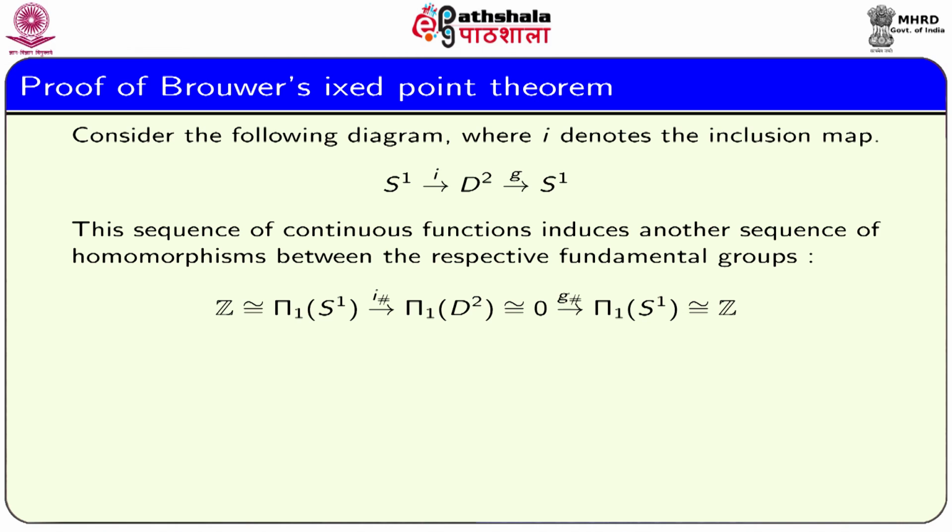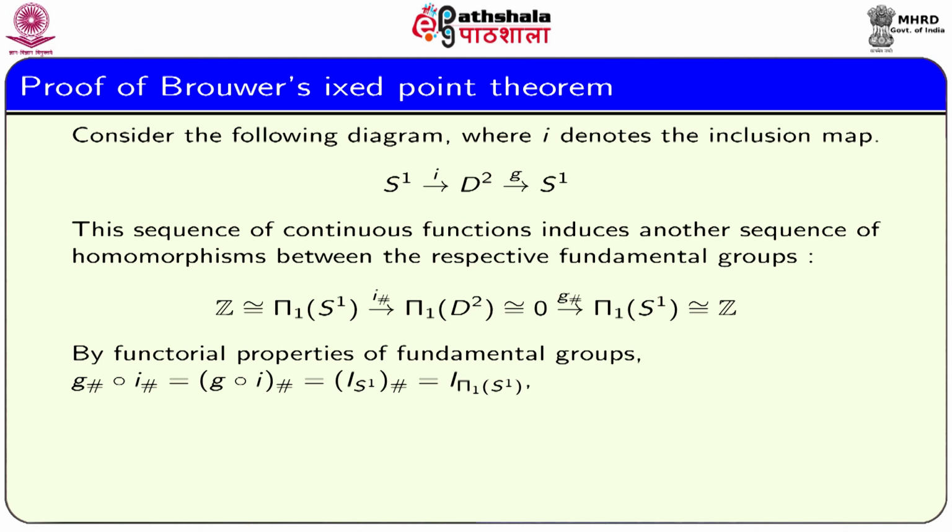So this new sequence is pi 1 S1 to pi 1 D2, we have the corresponding induced homomorphism i sharp, and from pi 1 D2 to pi 1 S1 we have the induced homomorphism g sharp. Now since D2 is a closed disk, it is contractible and therefore the fundamental group of D2 is isomorphic to 0, that means it is a trivial group, and on the other hand pi 1 S1 is the cyclic group of integers Z.